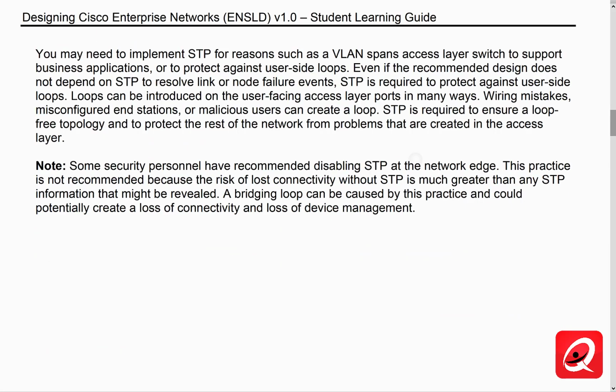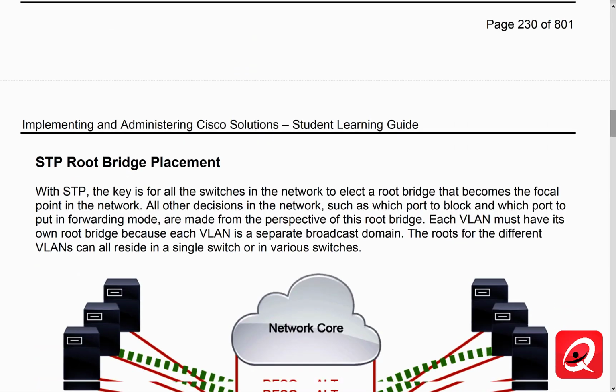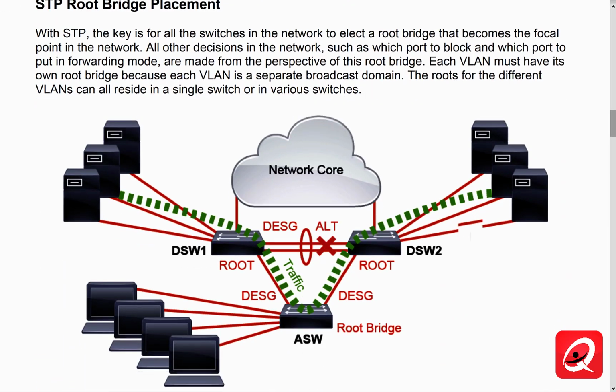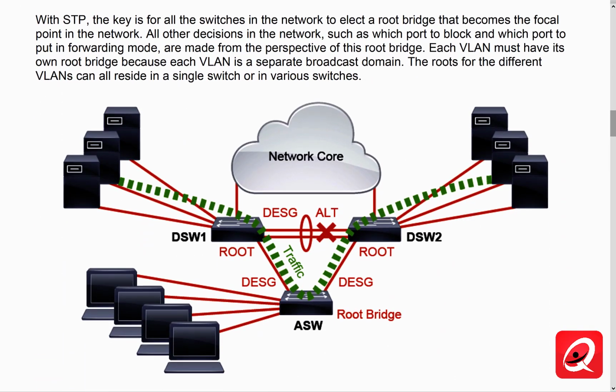Okay. Now, where do I place the root of the domain? The switches have to elect the root, and the root becomes essentially the anchor point for all of the other election processes in spanning tree.